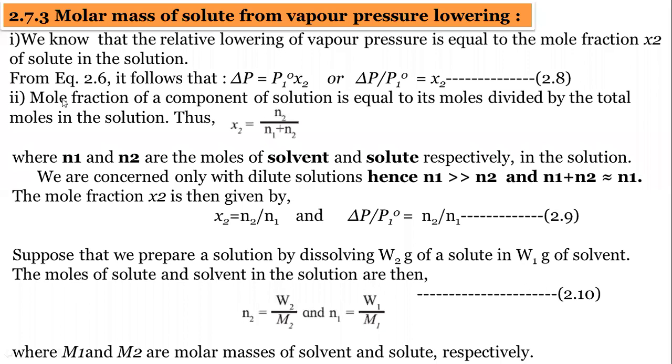That's why it is written here, mole fraction of a component of a solution is equal to its moles, X2 is N2 divided by the total moles in the solution. Total moles in the solution means the number of moles of solute plus the number of moles of solvent. So X2 is very important.